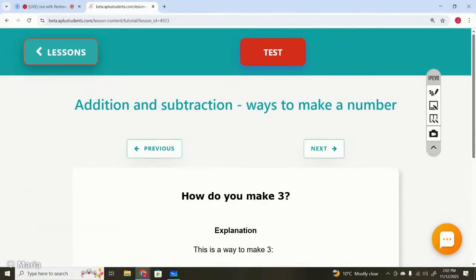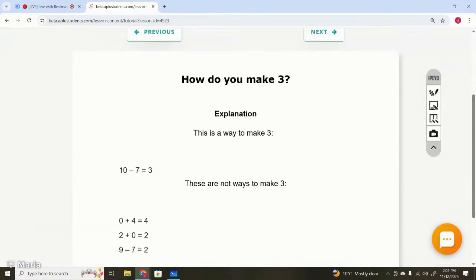How do we make 3? So basically we are given 3 or 4 addition sentences. We need to see which one makes 3, either added or subtracted, so one of them makes 3, right? Here we are given 4 options.